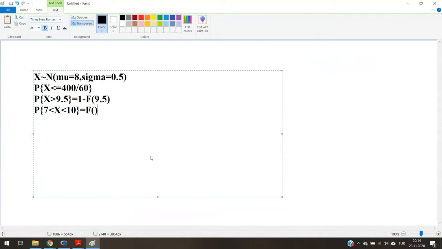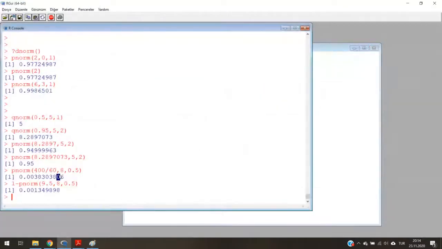And of course, this is easy to calculate, the CDF at 10 minus CDF at 7. What you can do is P norm 10, 8, 0.5 minus again P norm 7, 8, 0.5.